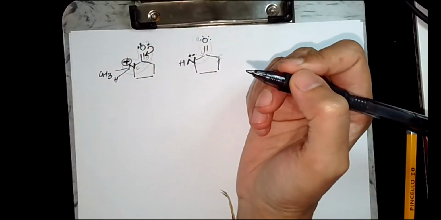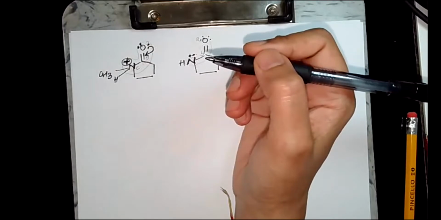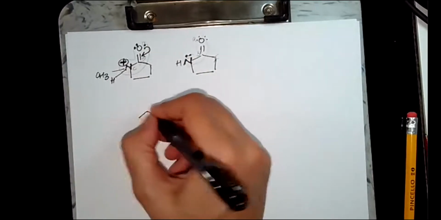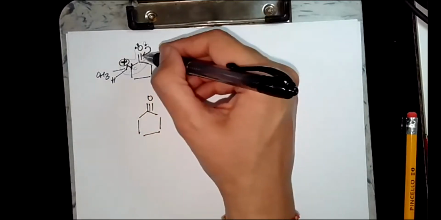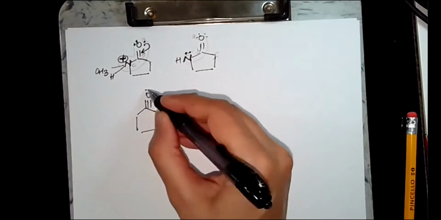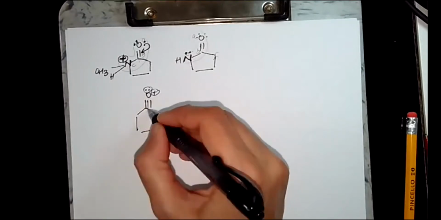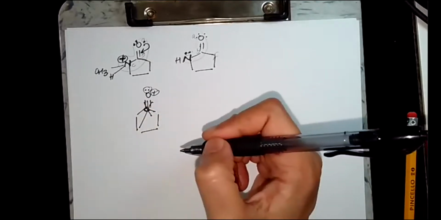So they are going to move. Ideally, this would be a bad example. Why? When these electrons come between this, a triple bond may form, which is impossible for this carbon. So this is not allowed.